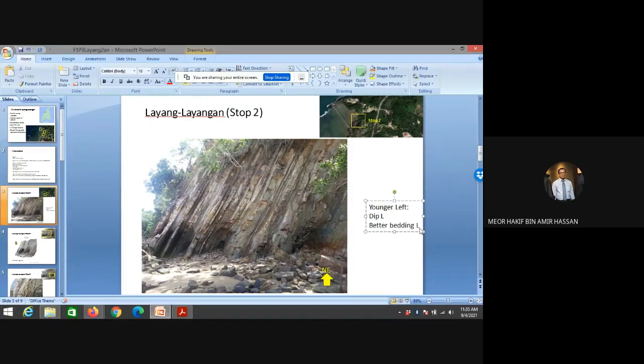So in that case, what is the younging direction based on the load cast that you saw? It goes down to the right side, yes? The right side. So, younger maybe the left side. Alright. So load cast sink towards the right. Okay.